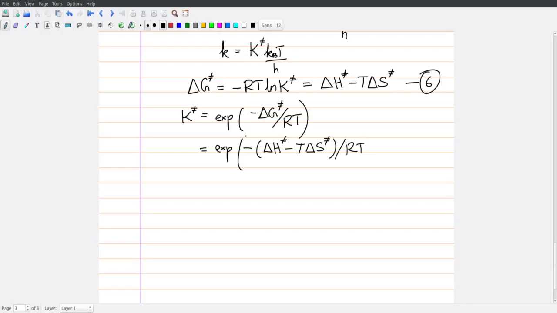Let me replace this with a square bracket so that we are able to distinguish the two, right. So, this can be written as exponential minus delta H dagger by RT into exponential delta S dagger by R.